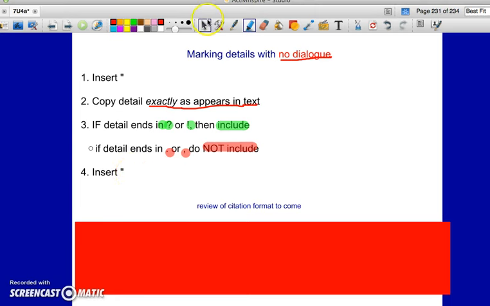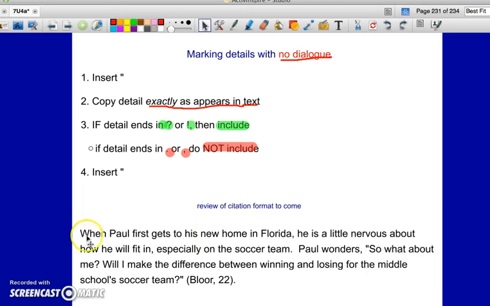So here's an example listed for you that really has nothing to do with our essay, but I just wanted to give you a sample. It says, when Paul first gets to his new home in Florida, he is nervous about how he will fit in, especially on the soccer team. Paul wonders, and here's where I have my detail. Notice that there's no speaking whatsoever, so there's no person speaking.